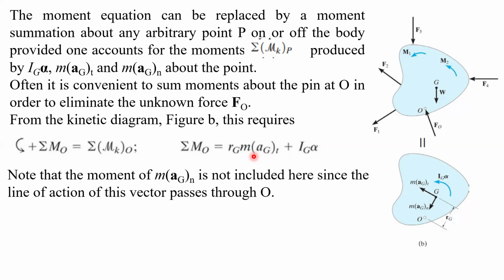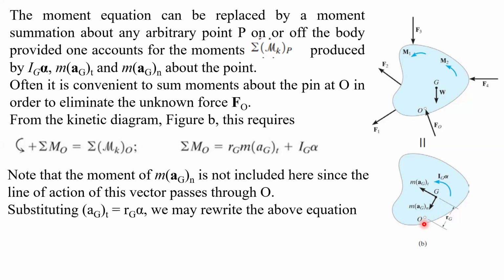Note that the moment of m aGn is not included here, since the line of action of the vector passes through the center, so there's no distance between this line of action and the line that connects O to G. So that r will be 0, and multiplying it out, it cancels itself. So aGt is rG alpha.